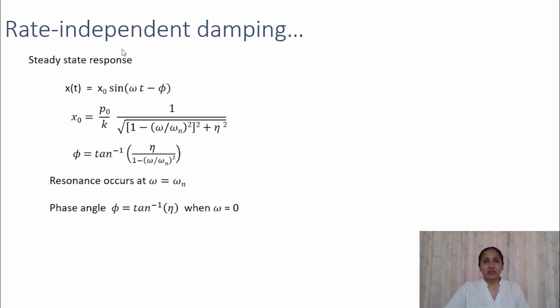But in the case of rate independent damping, resonance occurs when omega is equal to the natural frequency. And the phase angle used to be 0 when omega was 0 in the case of viscous damping. But in the case of rate independent damping, if omega is equal to 0, then this phase angle phi will become tan inverse eta. So these are the two differences compared to viscous damping.